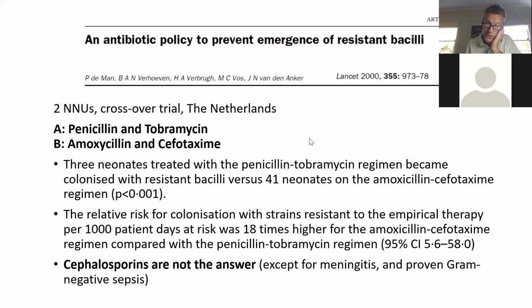I've seen in recent years the increasing use of cefotaxime and ceftriaxone just for children with pneumonia, and that's quite poor practice. We should use third-generation cephalosporins if we're worried a child might have meningitis or the child's got severe dysentery with sepsis, but we shouldn't just use them for pneumonia or for diarrhea, for example.